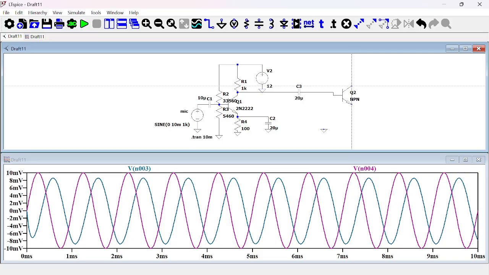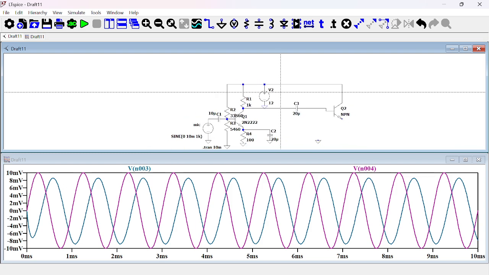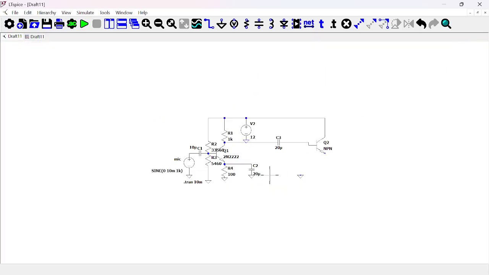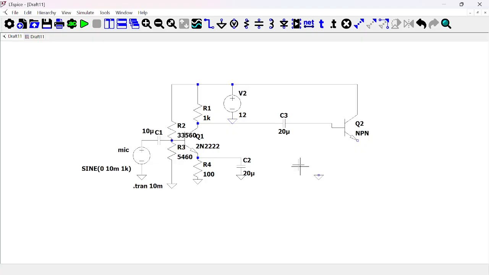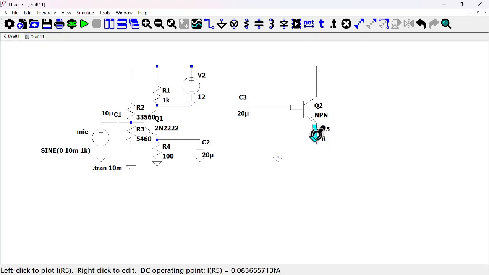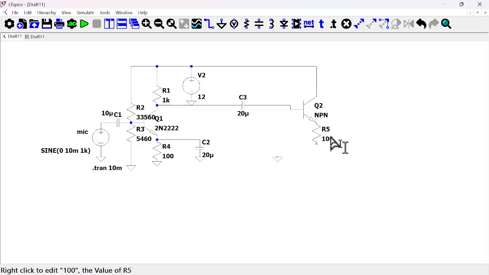And I will tie this to the VCC, and connect my RE here. Let me just use 100 ohms as I used before.